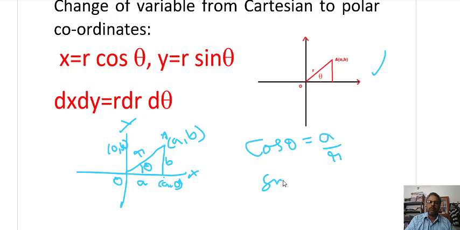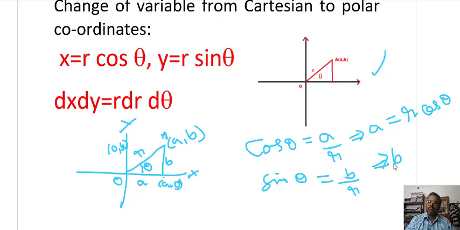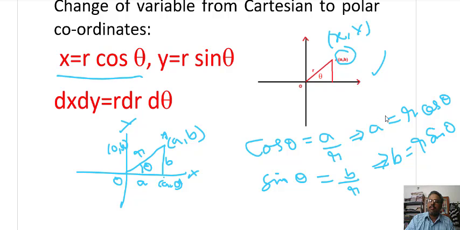Sin theta equals b by r. From this, a equals r cos theta, b equals r sin theta. Suppose you assume this point is any point x comma y in this coordinate plane, then x equals r cos theta, and using the same, y equals r sin theta.